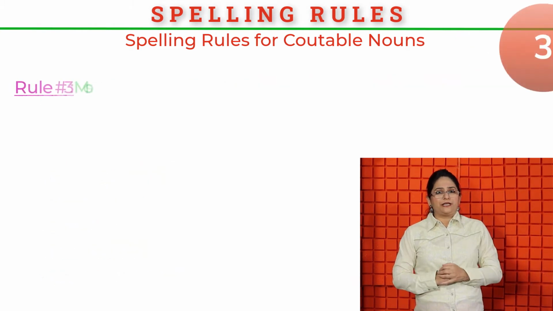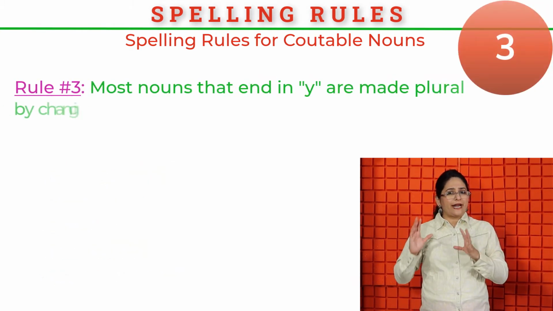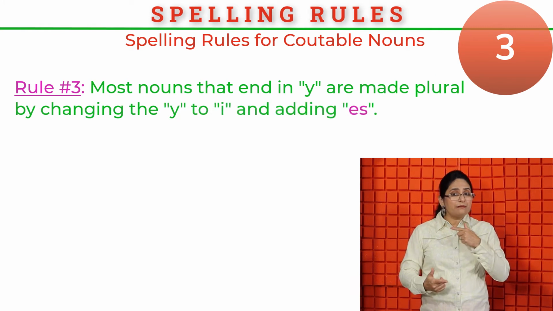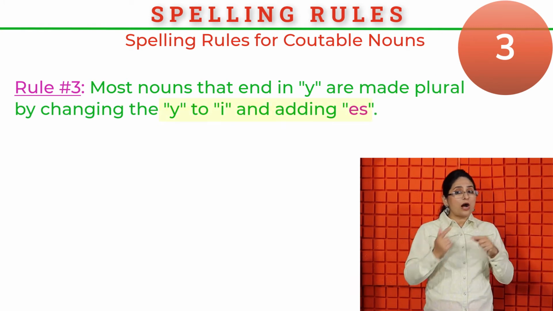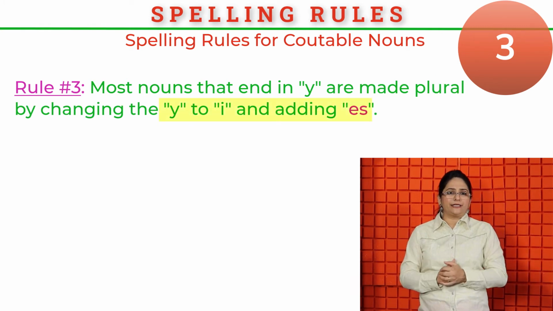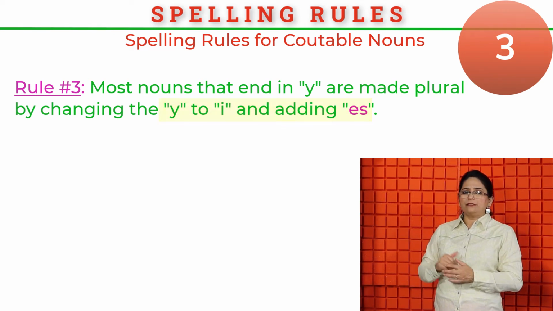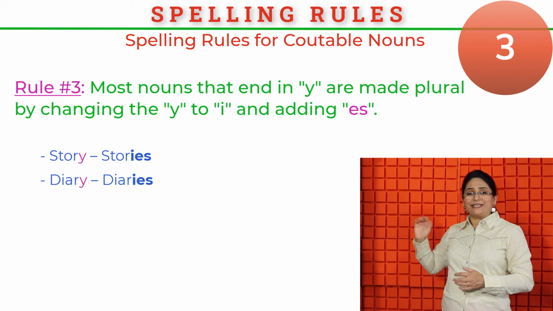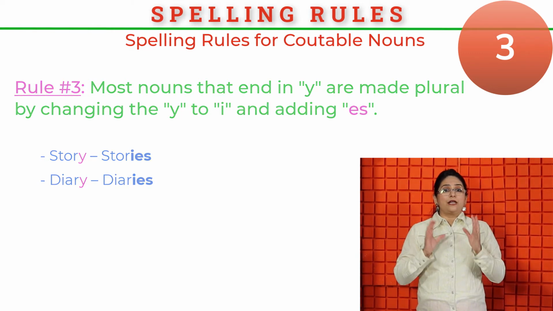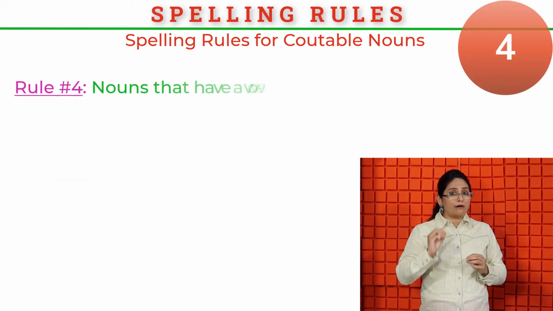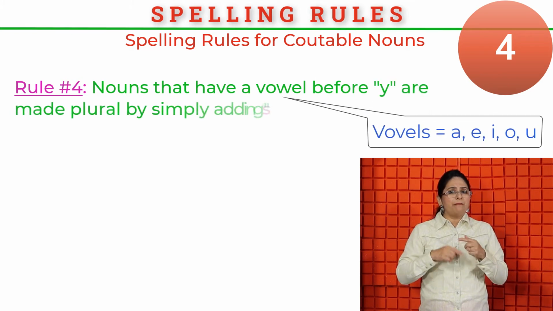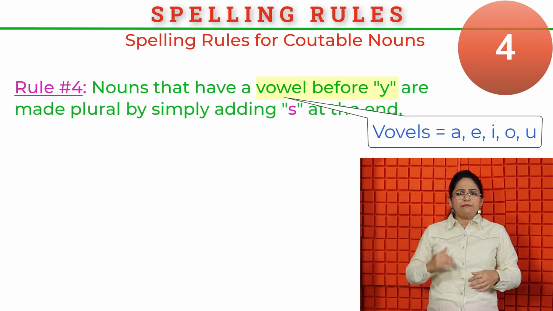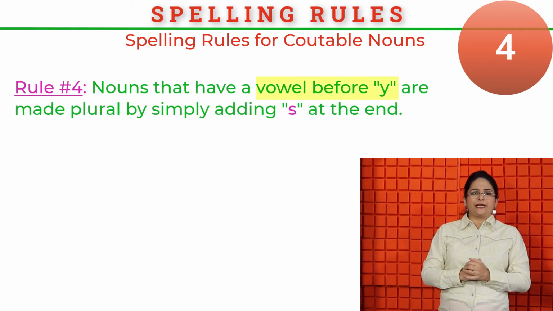Rule number 3. Most nouns that end in Y are made plural by changing the Y to I and adding ES. See the example: story, stories, diary, diaries. Nouns that have a vowel before Y are made plural by simply adding S at the end.